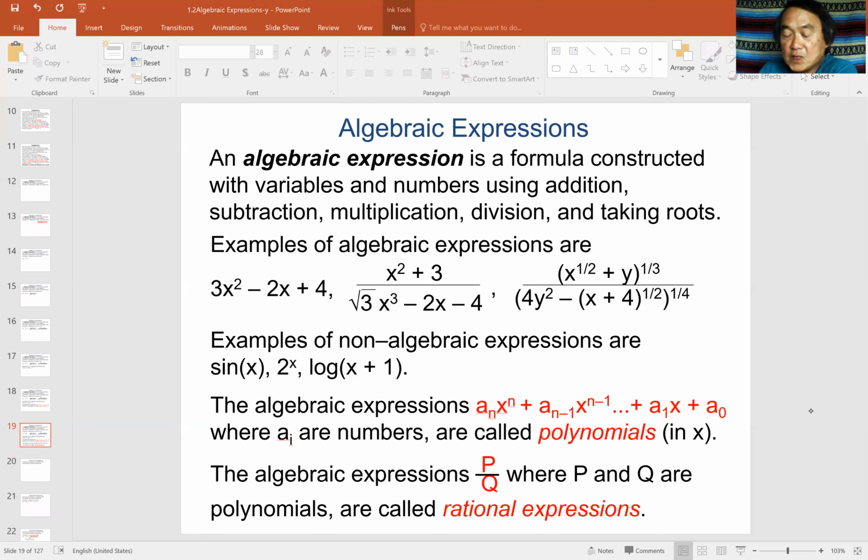These types of formulas are called polynomials. If I make a fraction out of two polynomials, one on top, one on the bottom, then by putting in a number x, I get a number on top and a number on the bottom, a fraction as the outcome. This type of fractional formula we call rational formulas or rational expressions.